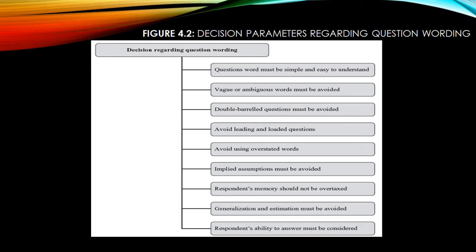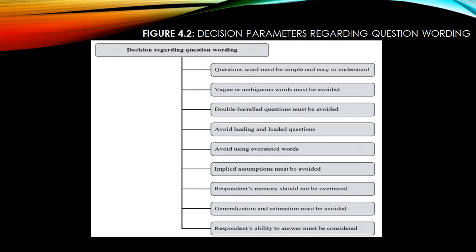Avoid double barrel questions. Okay, what do you mean by double barrel questions? That is to say, you shouldn't be incorporating two questions in a single question. So avoid that kind of questions. Avoid leading or loaded questions. You shouldn't be guiding or directing the respondent through some leading or loaded questions.